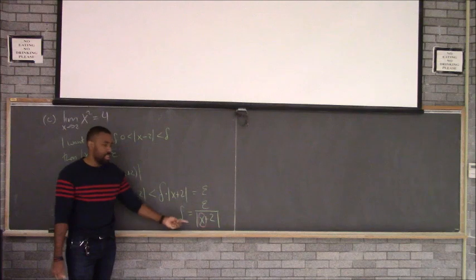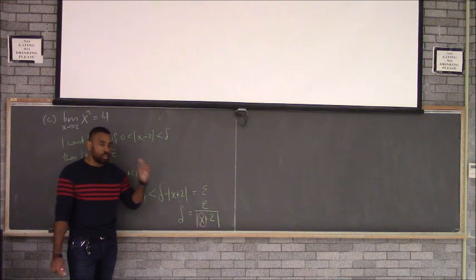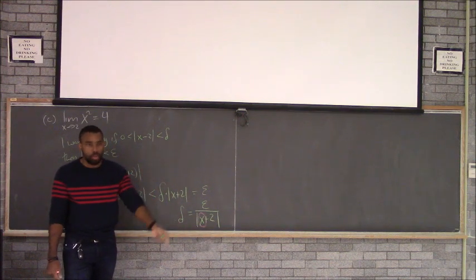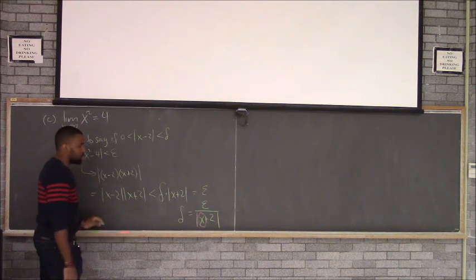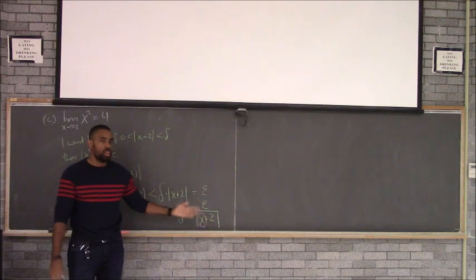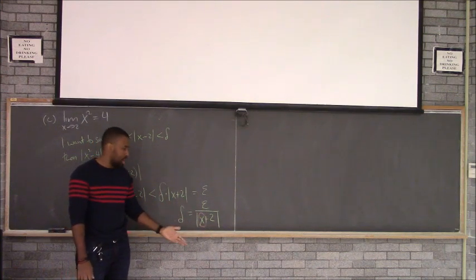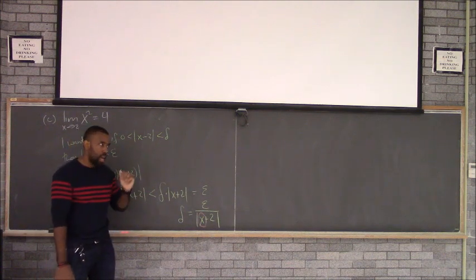So that's not good enough because it has a variable in it. You don't want any variables in it. You want someone to be able to tell you a number and you can tell them back a number. So that's a problem. So what we need to figure out is, can I replace this x plus 2 with a number? Is there a specific number that I can tell you, divide epsilon by this number, and it's going to work out?